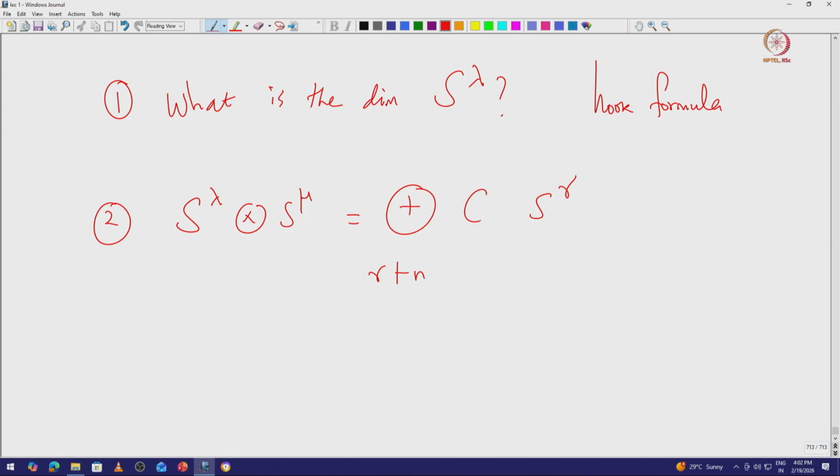Let us call it C^γ_{λμ}. Now one wants an explicit combinatorial interpretation of these coefficients, and as far as I know, there is no closed expression known in the literature, and this is indeed the biggest open problem in symmetric group representation theory.